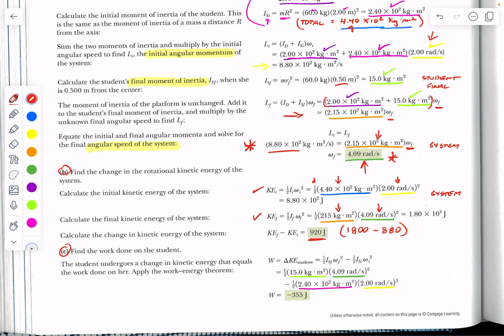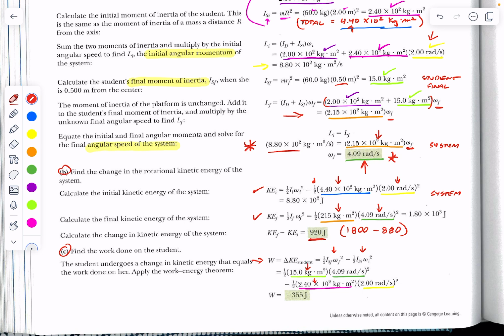So the work done by the student then is going to be right down here. And the work that the student did, all by virtue of changing their position, 1/2 I omega squared. This is their rotational inertia far away. I'm closer in.